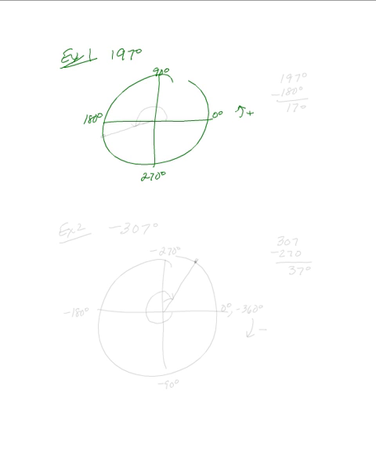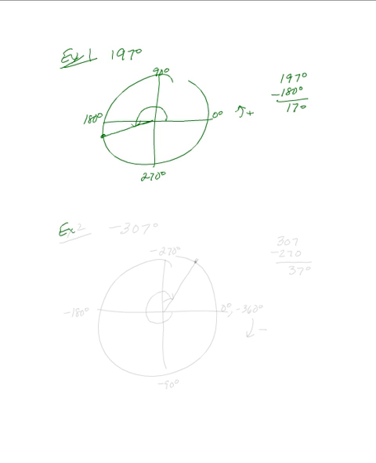So, quick little calculation, how much more is 197 from 180? Then it's 17 degrees past 180. So essentially it'll be, we'll just guesstimate here, something like that. So our rotation is something that looks like that.